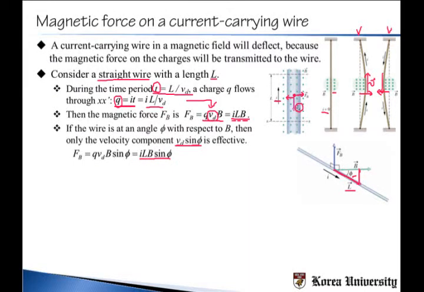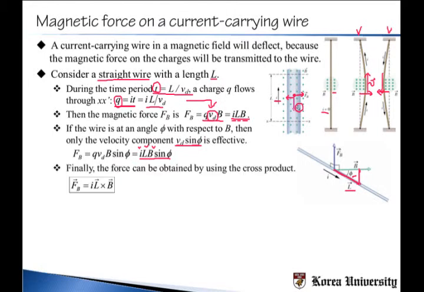Among the symbols shown here, maybe you can find the vectors. B is in fact a vector, and I told you that current is not a vector. It cannot be a vector, but we have chosen this L to be the vector, right? And sine phi is, of course, the angle between these two. So we can simply rewrite it using the cross product between this L vector and B vector.